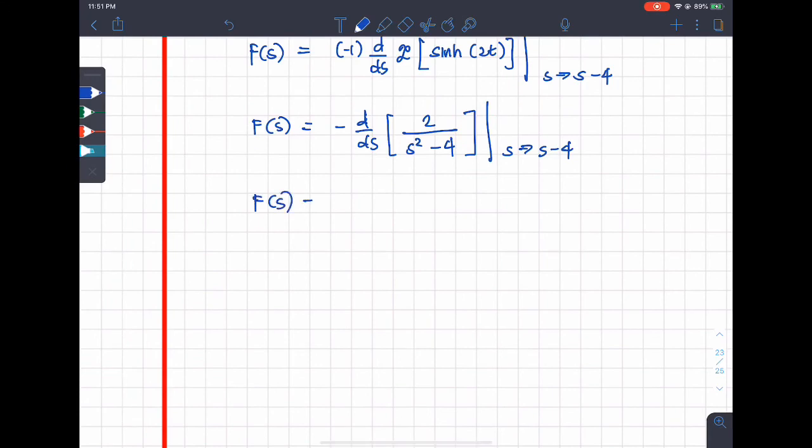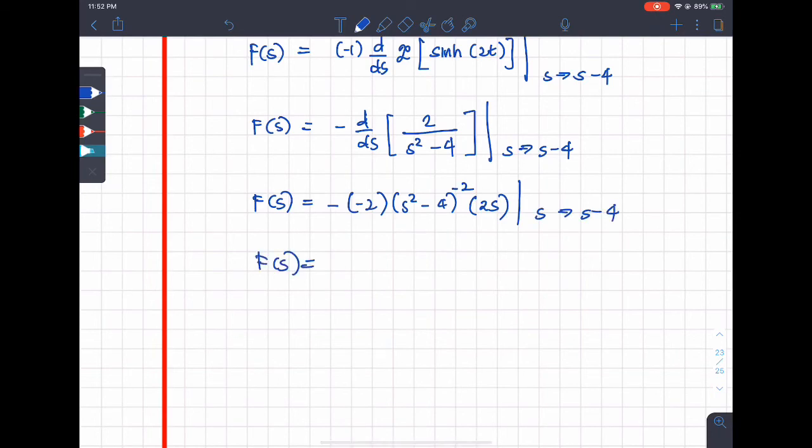So F of s then would be negative, multiplied with negative 2, right? And then I'll have s squared minus 4, so negative 1 minus 1 is negative 2, and then multiplied with the derivative of s squared, which is 2s. And the answer here would be shifted to s minus 4.